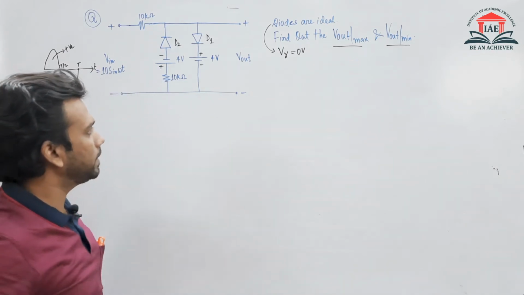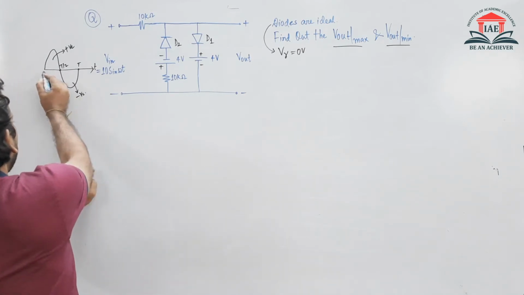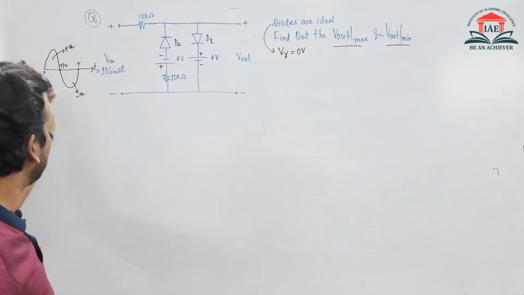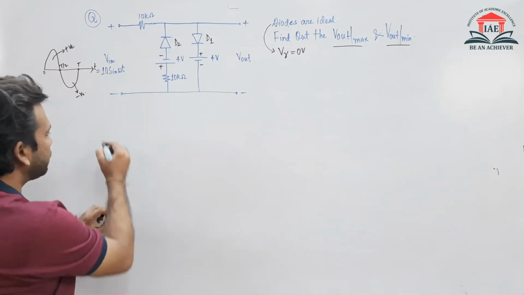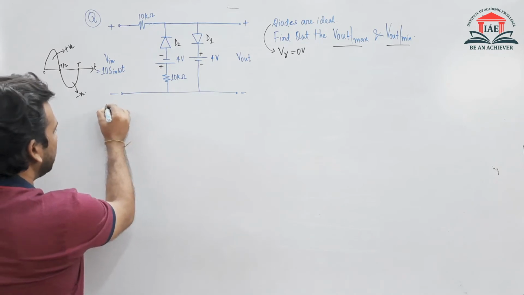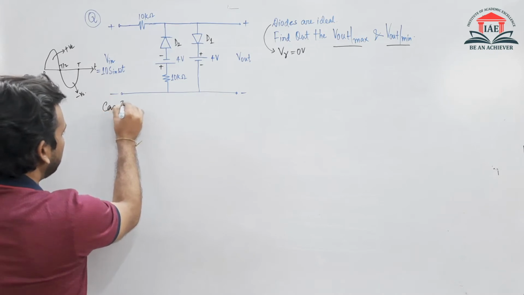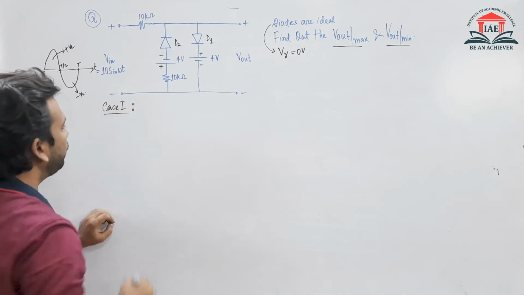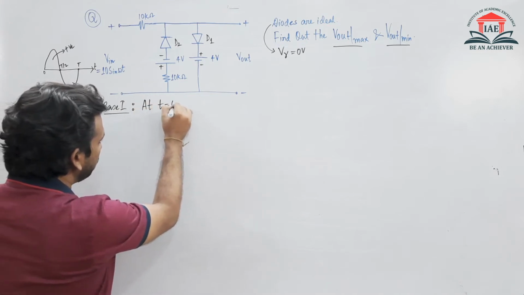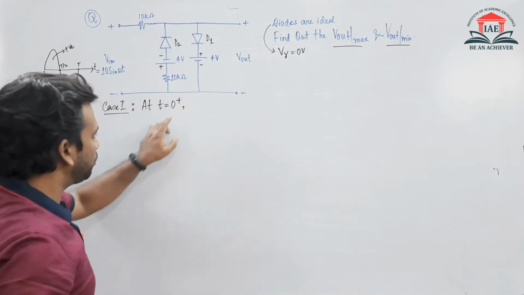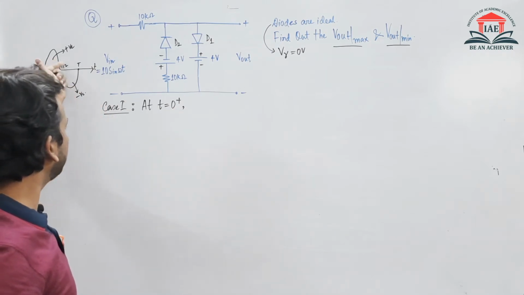So for that purpose, we will start from t equals 0 plus, then we will proceed in the capital T direction. Let us take different cases. In case 1, at t equals 0 plus. What do you mean by 0 plus? 0 plus means just after the starting of the input.